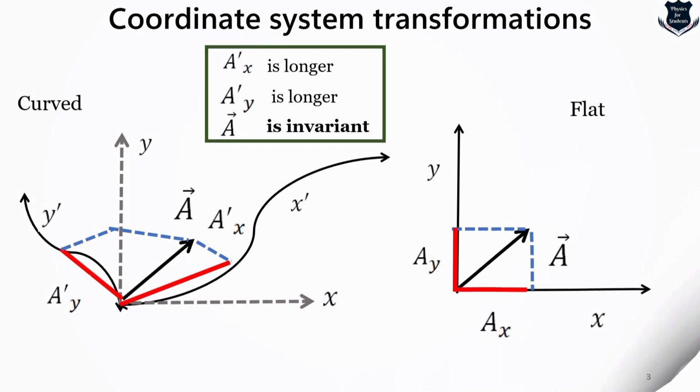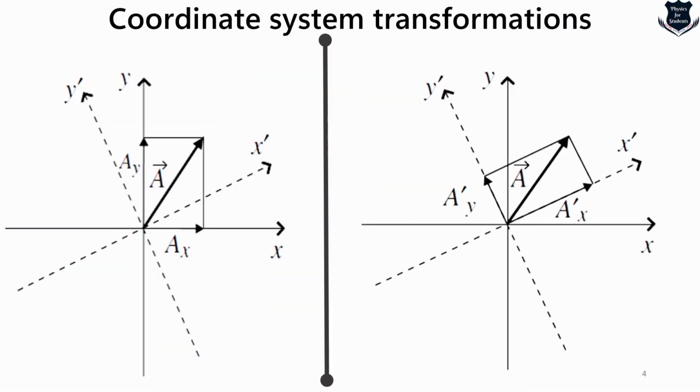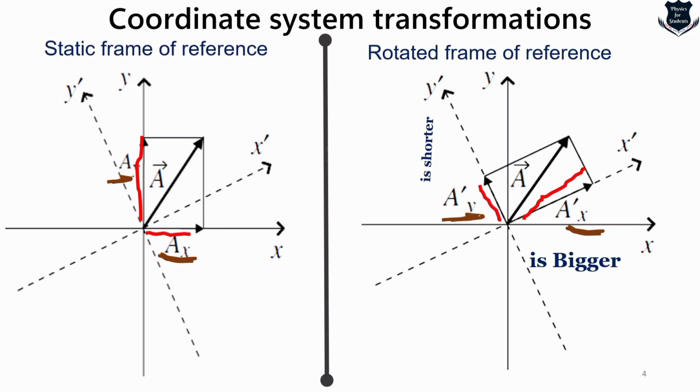Now we go back to this one also, where we see that if I rotate the coordinates here, this Ax and Ay is the non-rotated system, and when I go into this part, A prime x and A prime y is the rotated one. We see again that A prime x is bigger and A prime y is shorter. So again, from a static frame of reference we rotated into a rotated frame of reference, and in this way we cited certain examples in the previous video.